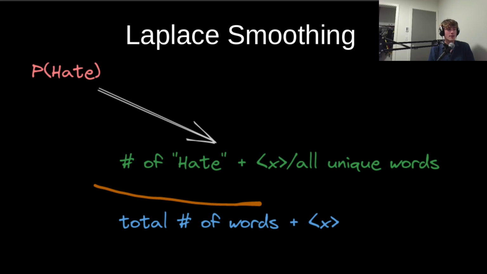So we can just add in all instances some tiny small constant that represents a value that either doesn't exist or exists in very low quantities.